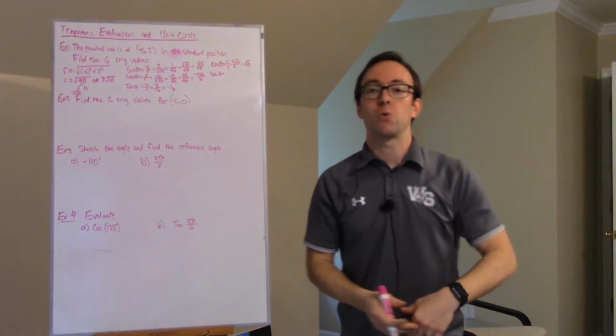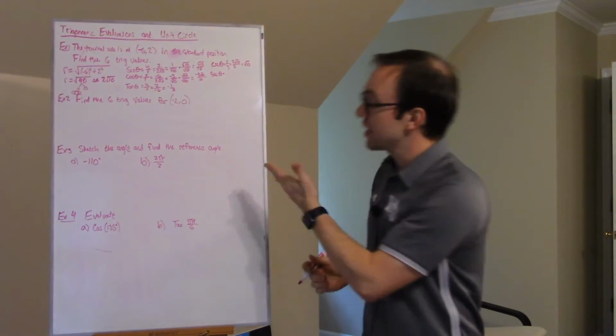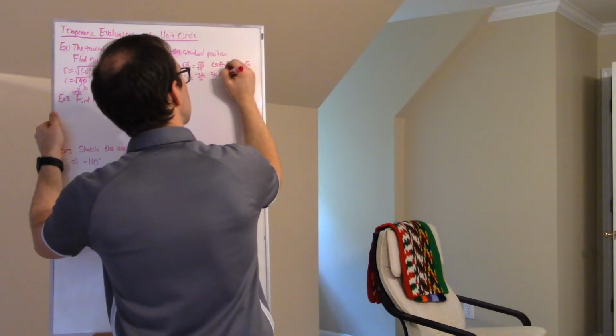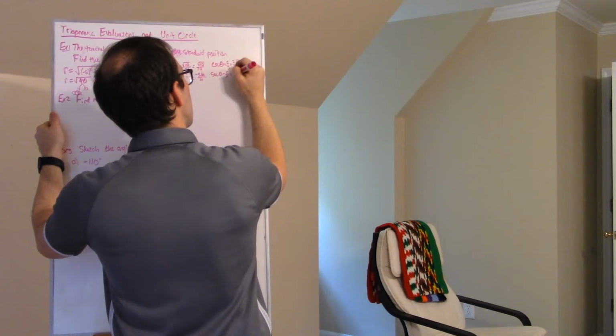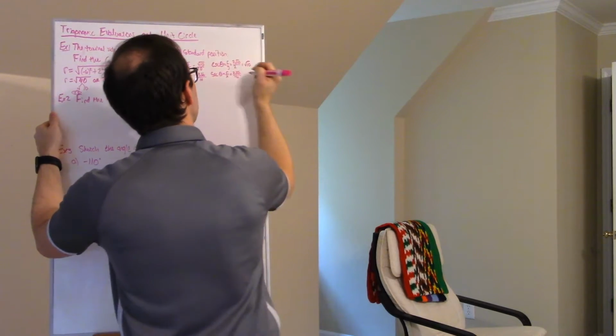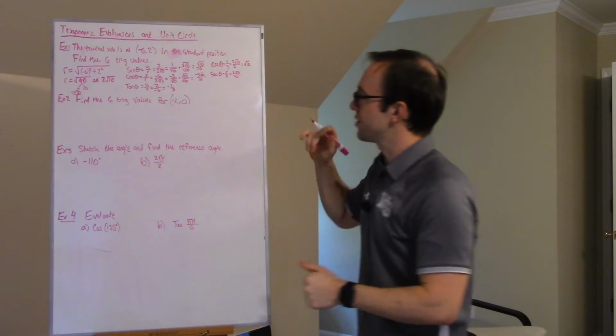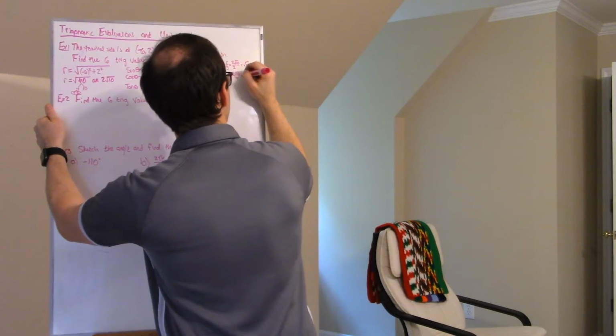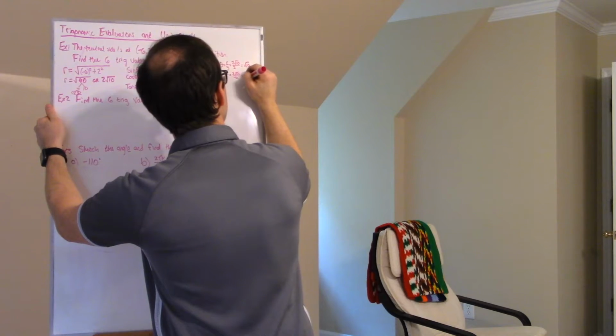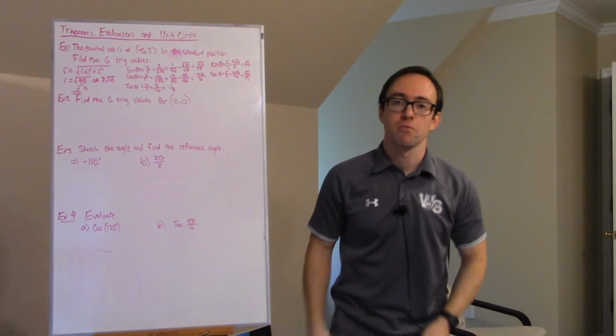Next would then be our secant. Our secant in this case is r over x, which means the 2 square root of 10 over negative 6. And then it reduces, so the square root of 10 over negative 3.